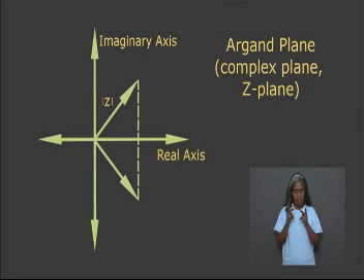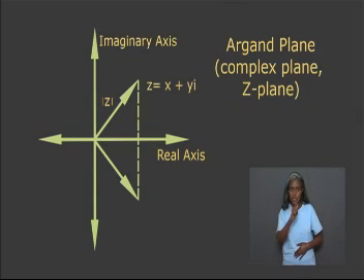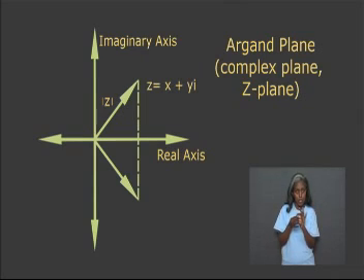The real part of a complex number is represented along the x-axis, and the imaginary part is represented along the y-axis. Complex planes allow us to make a geometric interpretation of complex numbers. Under addition, they add like vectors.